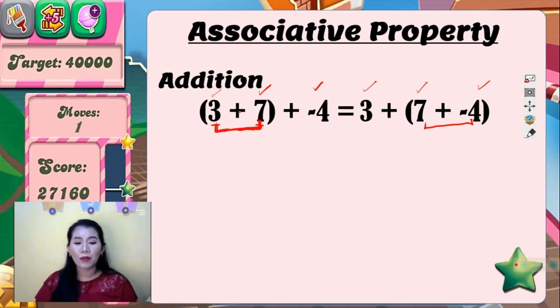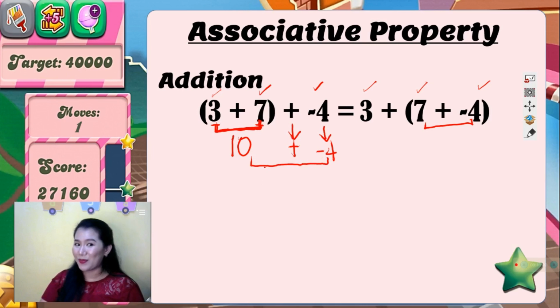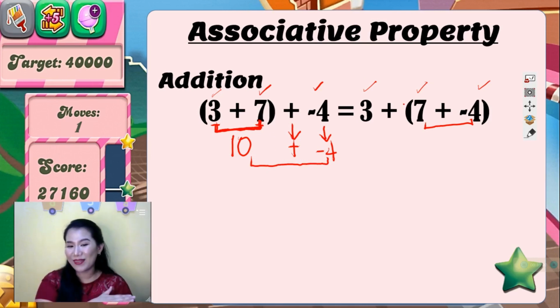I-solve natin. Ano ba ang sagot sa 3 plus 7? 3 plus 7 is 10. Plus negative 4. This is equal to, kapag plinas natin tong dalawa, parehas din ba kaya ng sagot doon sa kabila?